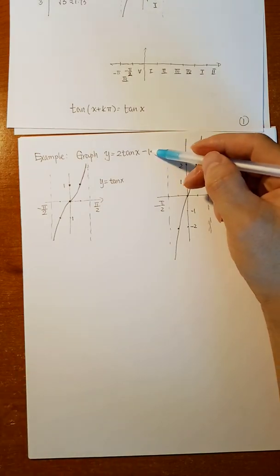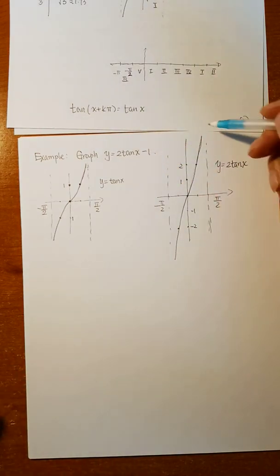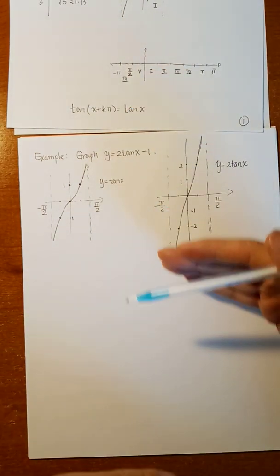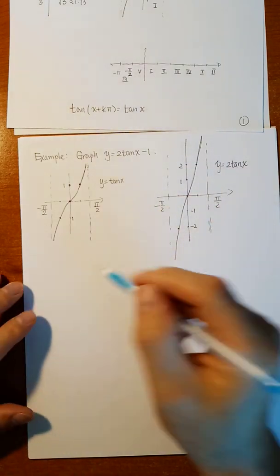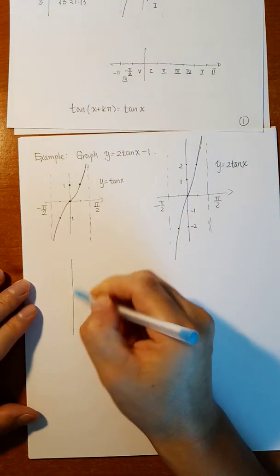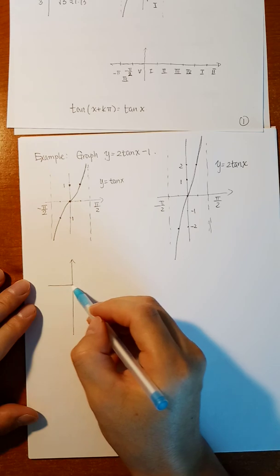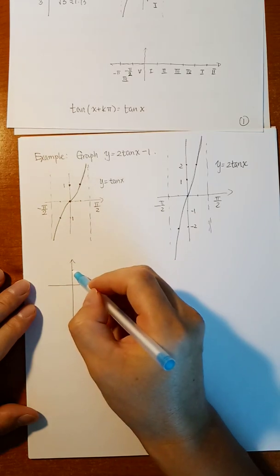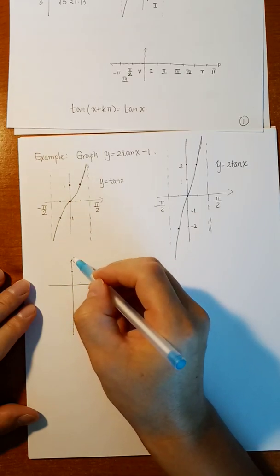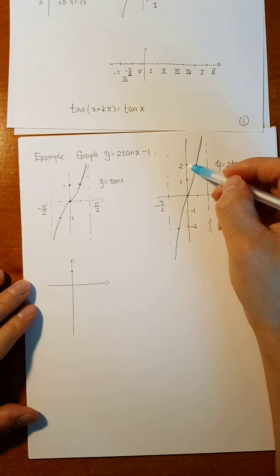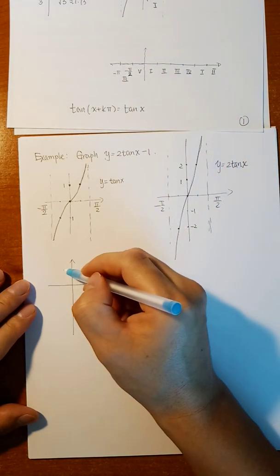And then subtract 1. It means you're going to shift it vertically down 1 unit. So the 2, if you shift the 2 down, it becomes a 1.